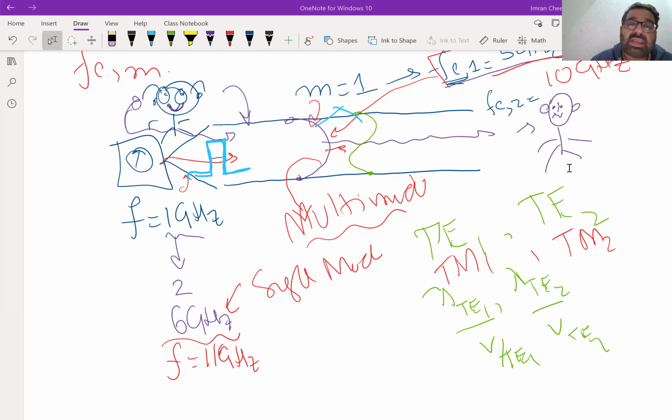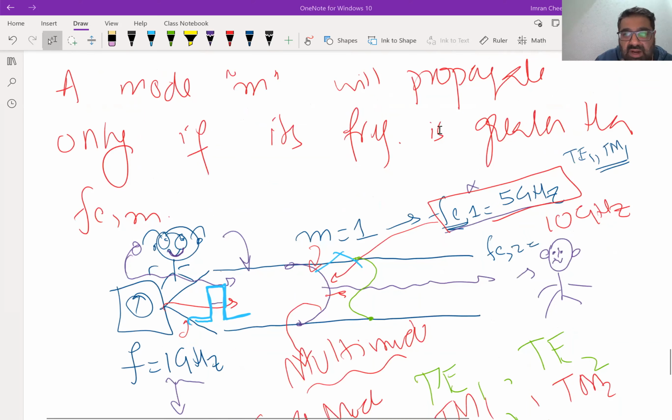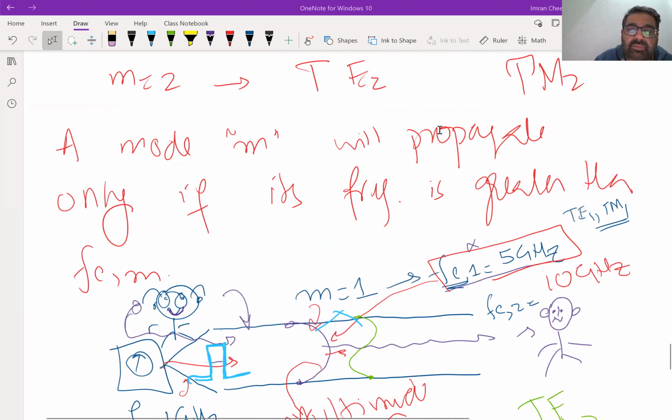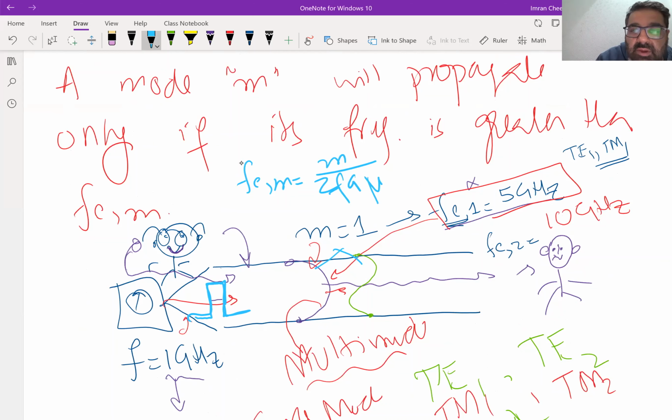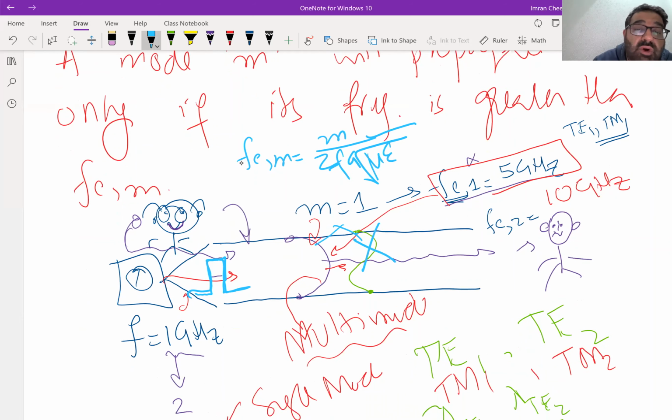But now, if you look closely, this is a very beautiful mathematical thing. Let's say, Mary, you tell me, I want to keep my frequency at 11 gigahertz, in the cutoff frequency formula with 2a square root of mu epsilon. But I'm not interested in this mode. What do I do with the waveguide so that this mode should not propagate, by looking at this equation?